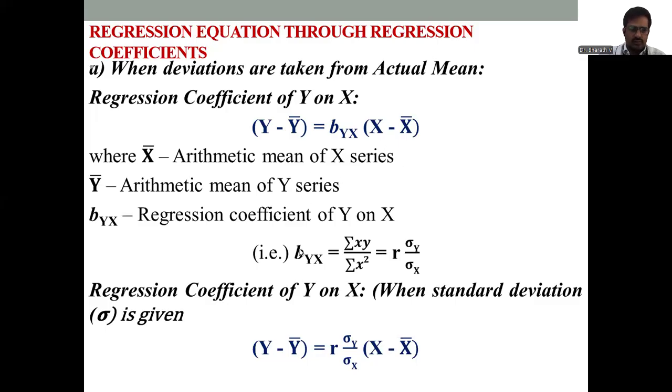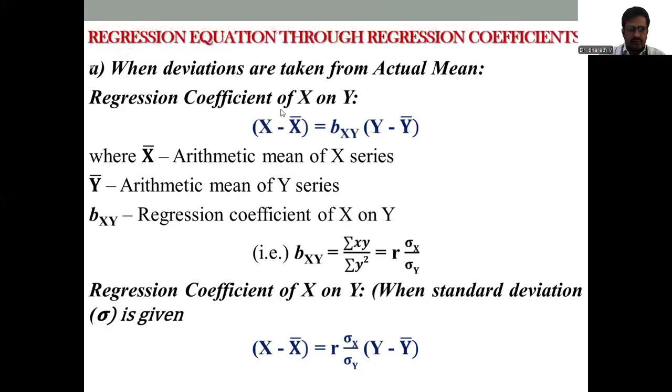How do we calculate b? When we are taking the actual mean, b yx equals sigma xy divided by sigma x squared. In case the standard deviations are given, b yx equals r multiplied by the standard deviation of y divided by the standard deviation of x.